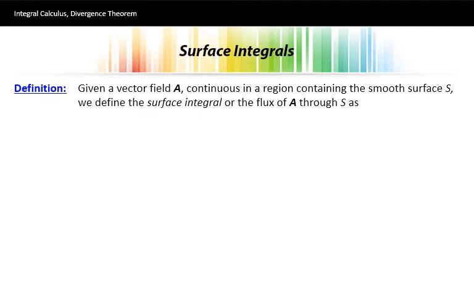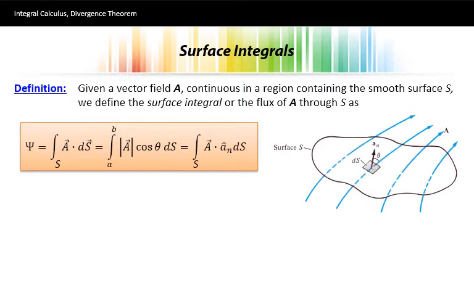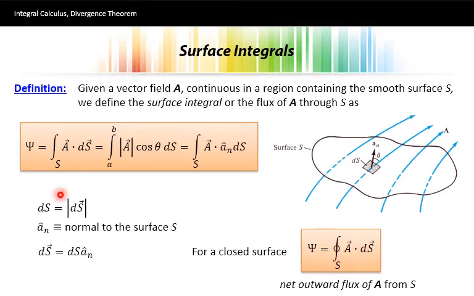Let's discuss now surface integrals. Given a vector field A continuous in a region containing the smooth surface S, we define the surface integral, the flux of vector A through S, as follows. A·ds over surface S can be written in the following form, and all of these three representations are equivalent.